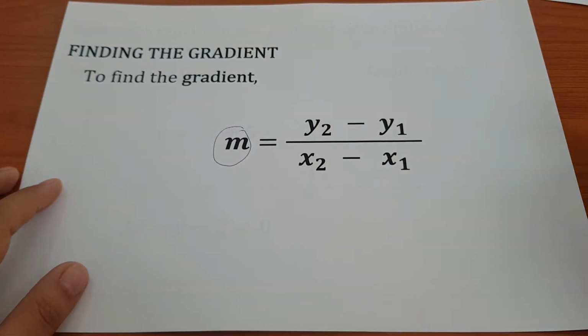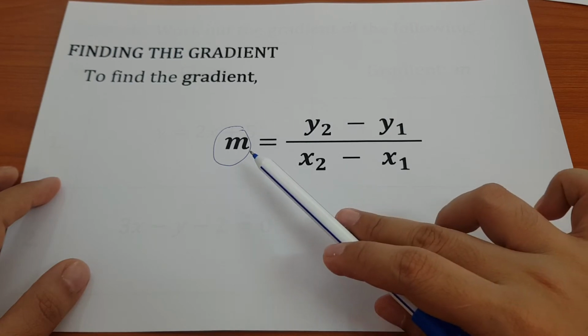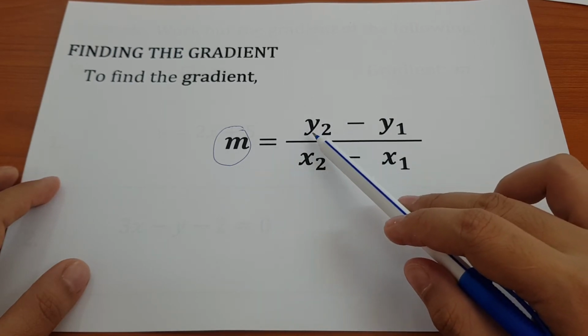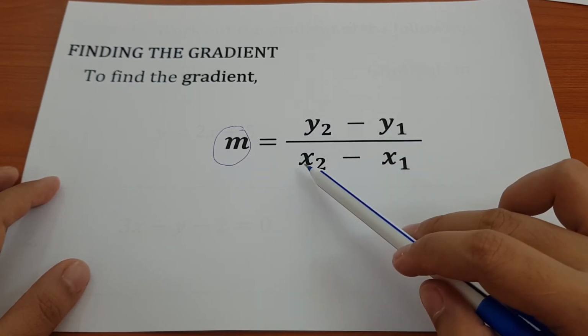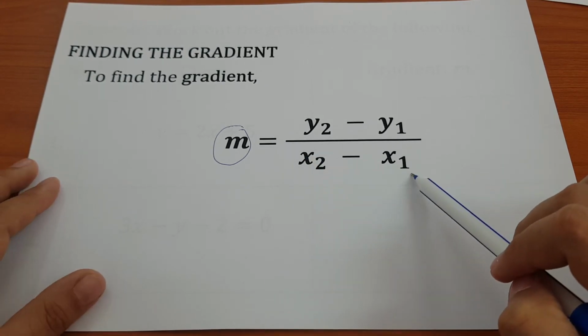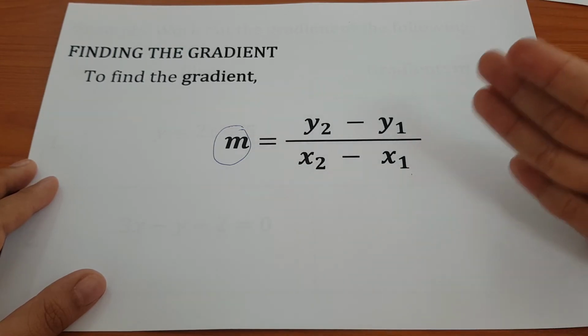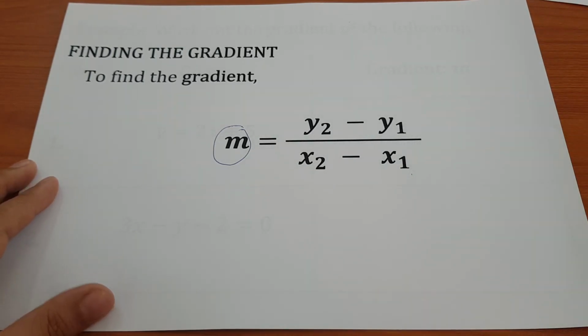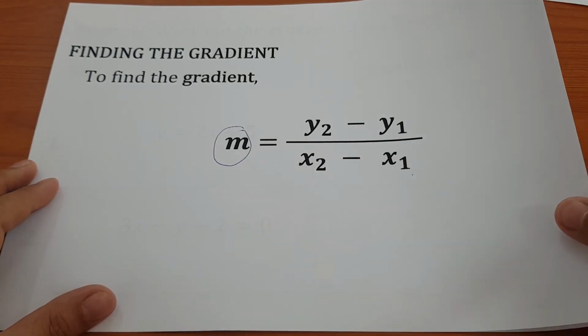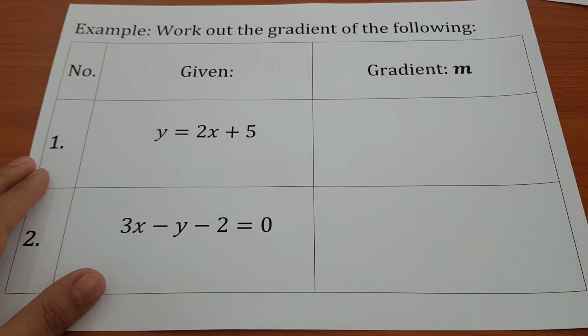The next discussion is how to solve for the gradient, the value of m. To identify the gradient, it's y2 minus y1 over x2 minus x1, or the rise over the run, the difference in y over the difference in x. For example, let's start with example number 1.